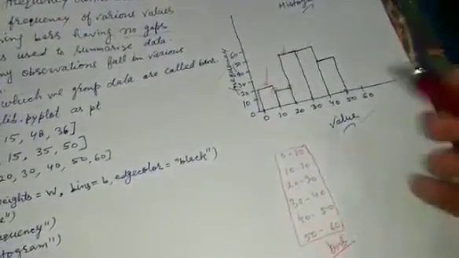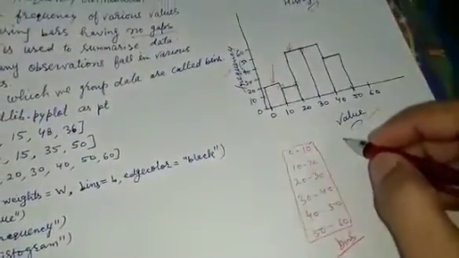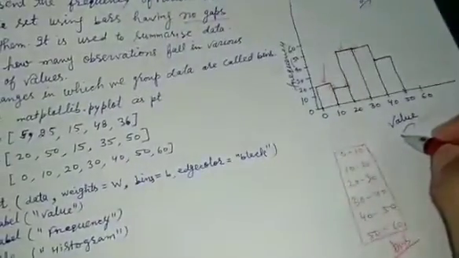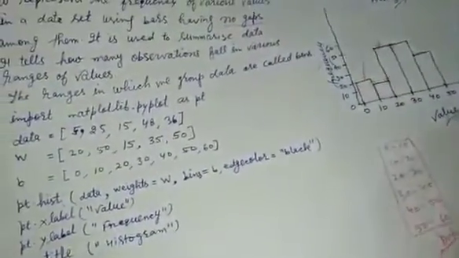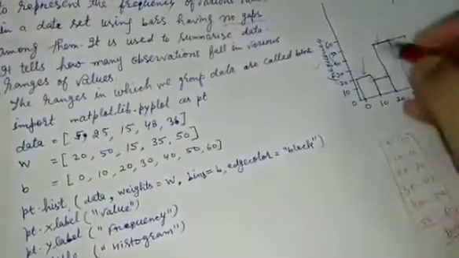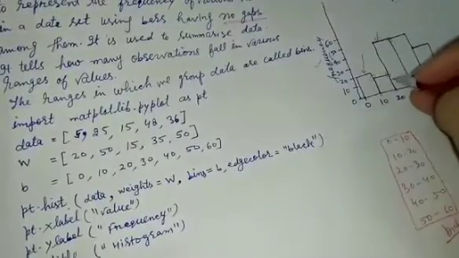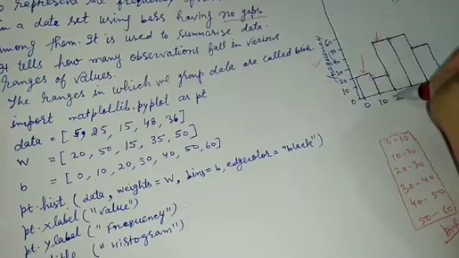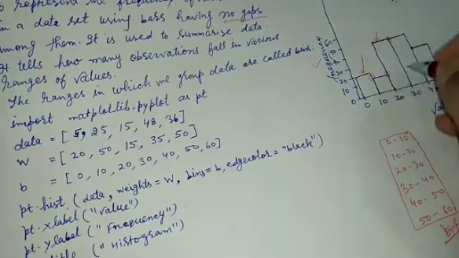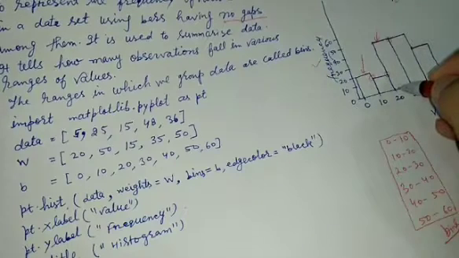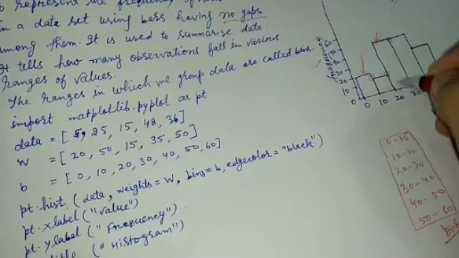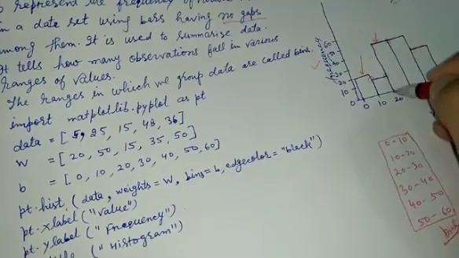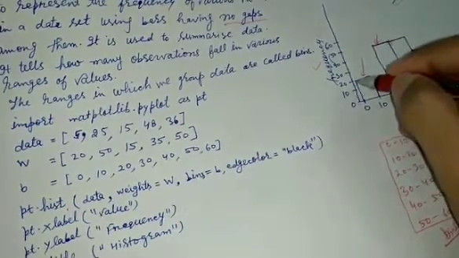So in this histogram, if you take this example, the data is 5 in the 0 to 10 bin. Okay, the width is 20. So this will create a graph like that.